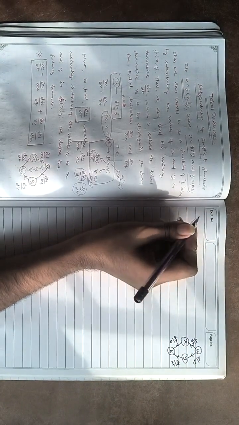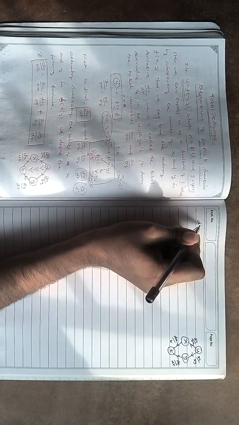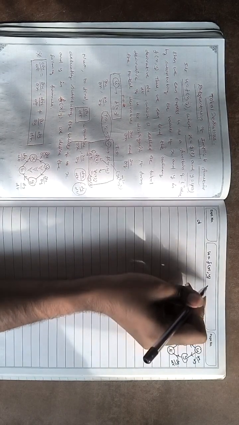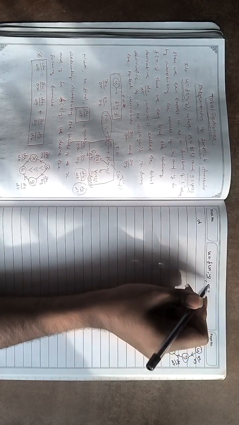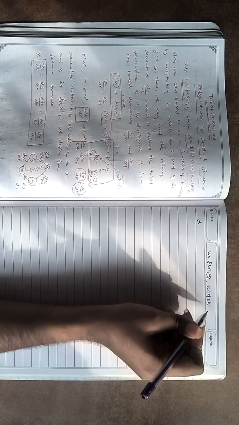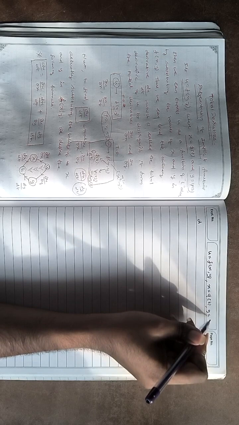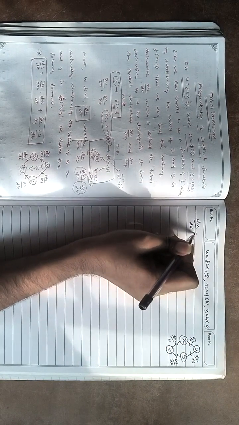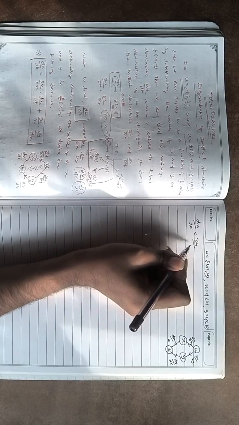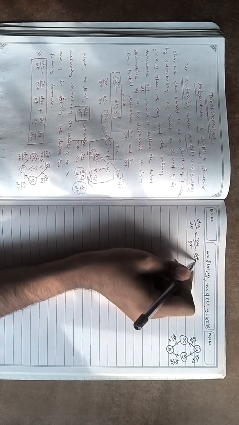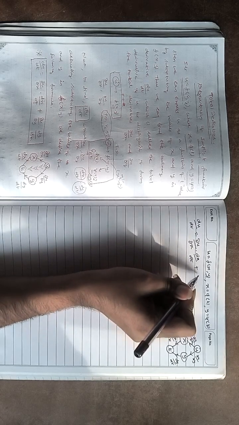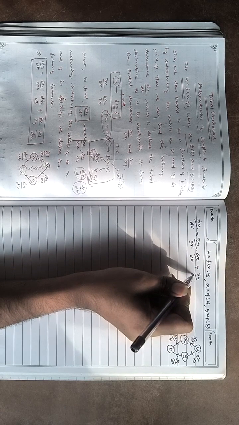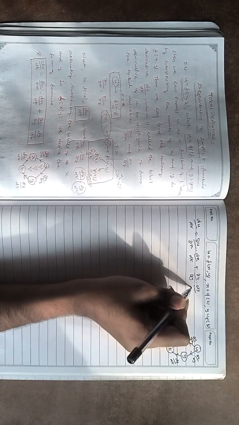Now the first formula is: when u is a function of x comma y, and x is a function of t, and y is another function of t, then we have du by dt equal to dou u divided by dou x into dx divided by dt plus dou u divided by dou y into dy by dt.